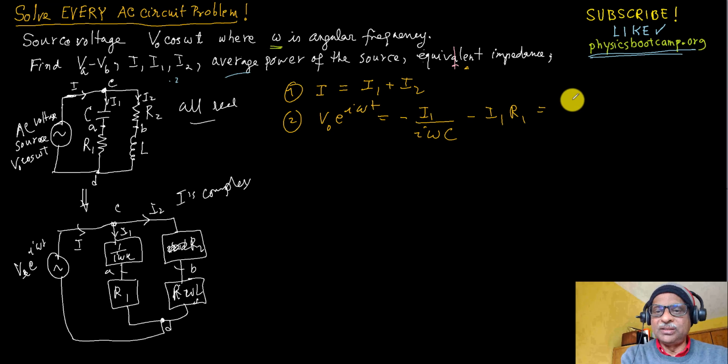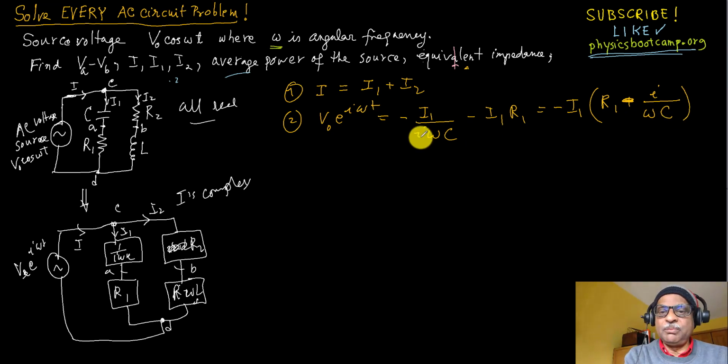So this is minus I1 R1 plus minus I over omega C. What I did in one step was convert this. A very nice thing is that 1 over i is actually minus i. How do I know that?